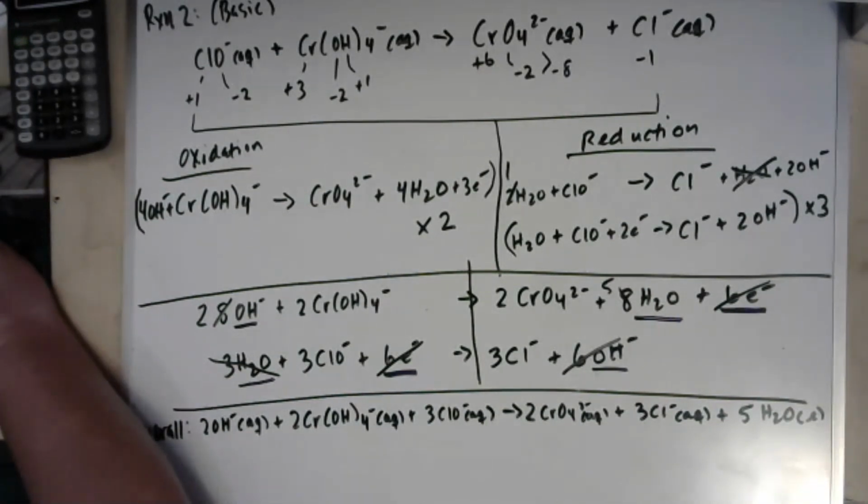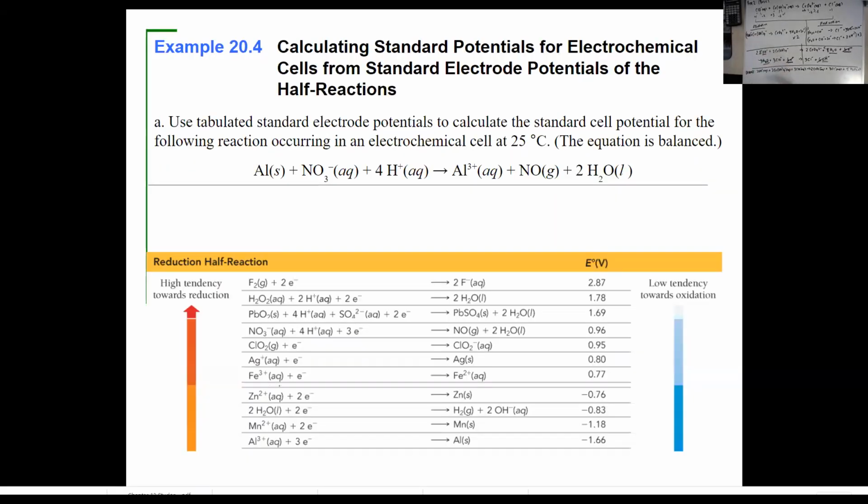All right. So let's look at the next kind of question, and this is where we're going to see this oxidation and reduction in practice. Okay. Here we're given a balanced reaction. They're telling us that it's balanced in this case, so we don't have to balance it ourselves.